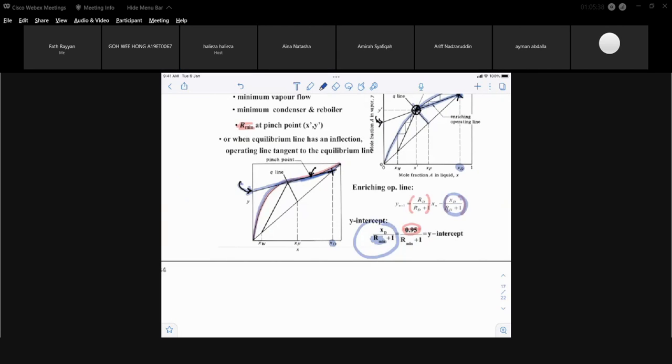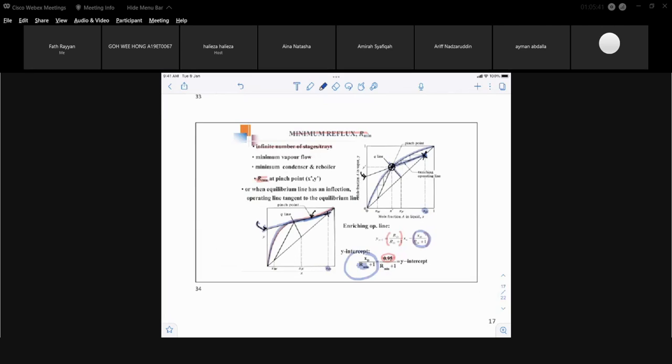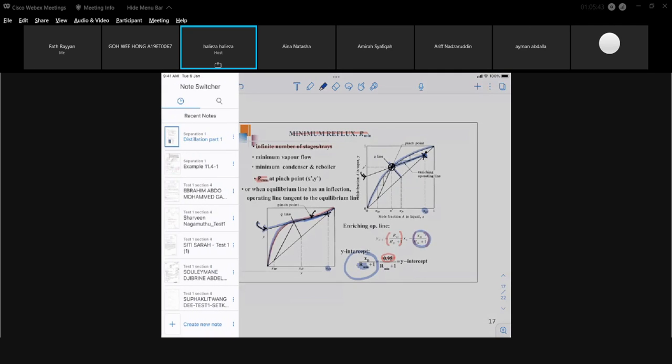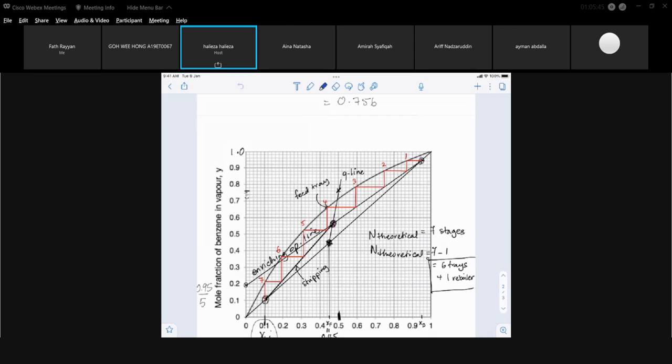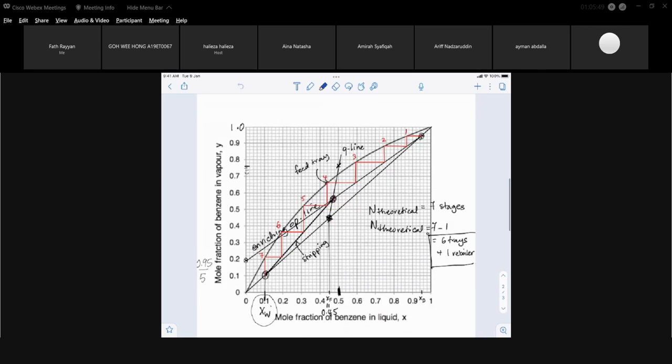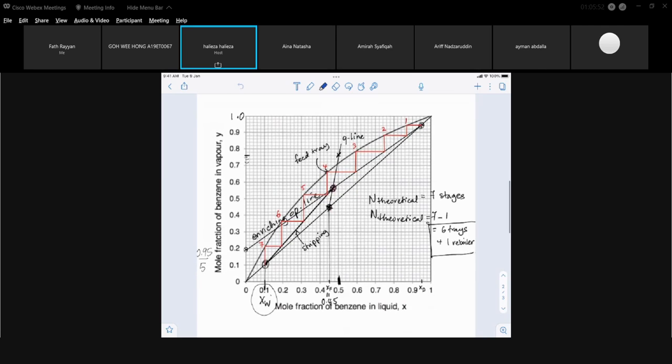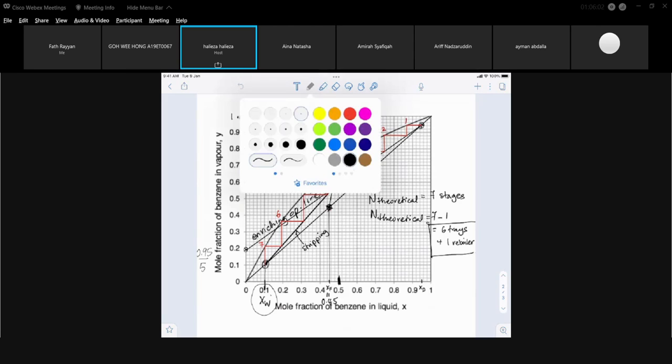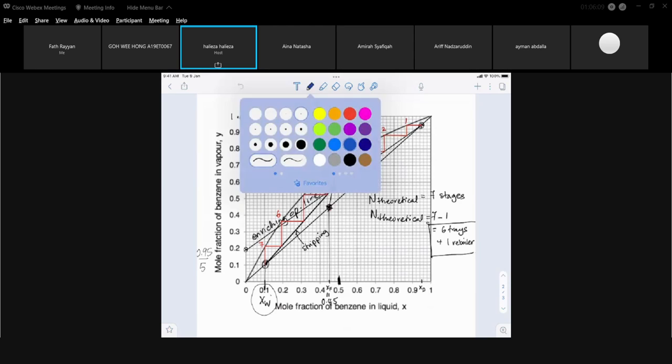Okay, now let's look at our example just now. I'm going to draw another line to get my R min. I'm going to use a different color so that we will not be confused. So let's use dark blue.